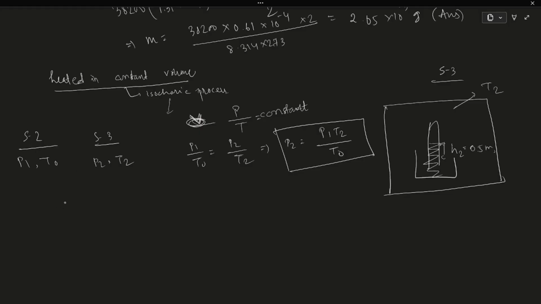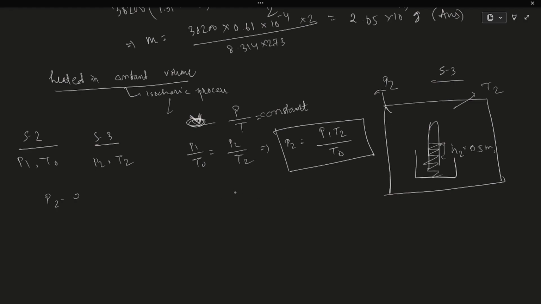So let's write down the ideal gas equation for hydrogen. Its pressure is P2, we have assumed. So P2 minus, here the temperature is changed. That's why the density of mercury will be changed.